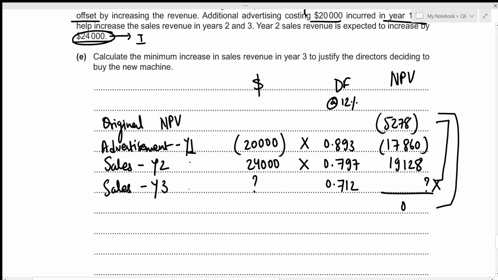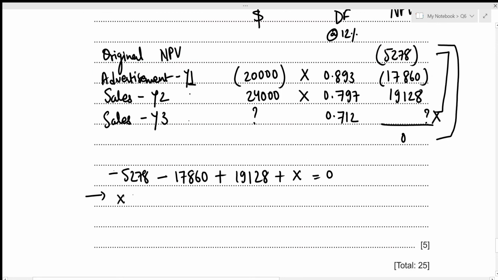So that's negative 5,278, negative 17,860, plus 19,128 plus x to be 0. x is just going to be 5,278 plus 17,860 minus 19,128, and this gives the value of x to be 4,010.